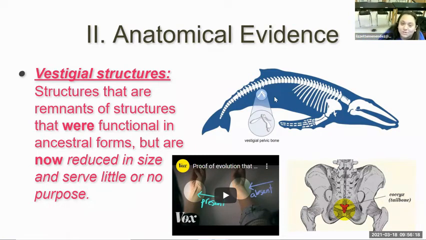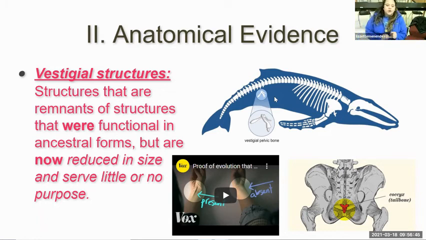Another vestigial structure that we have is our tailbone, known as the coccyx. So at the bottom of our spine, there's like 3 to 5 vertebrae that are known to be the tailbone. And while now it's like a site for muscles to attach, we don't have tails, but it's a remnant of a time where our ancestors, millions of years ago, needed a tail.